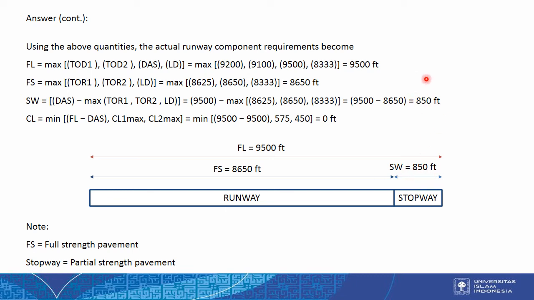The FL is the FS plus the SW, so we get 9,500 feet here. The FS, or the runway, is full strength pavement, and the stopway is partial strength pavement.